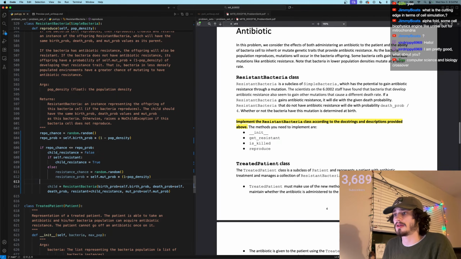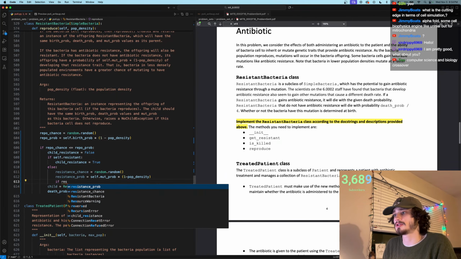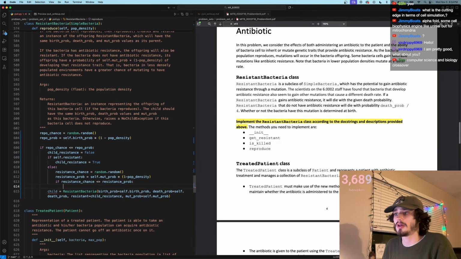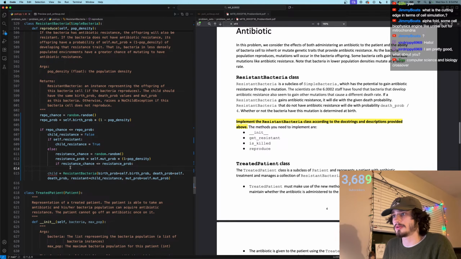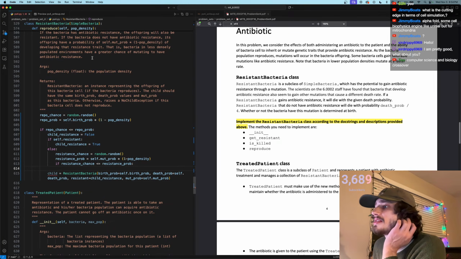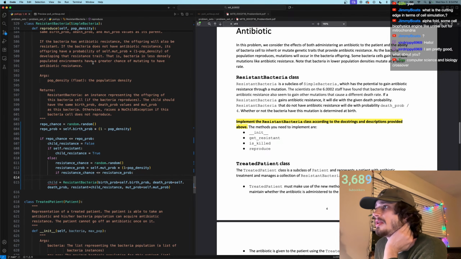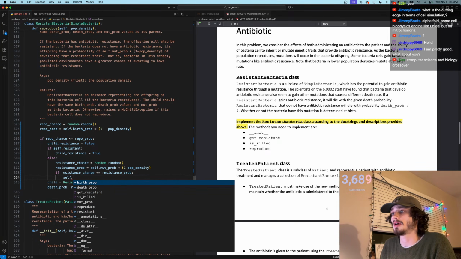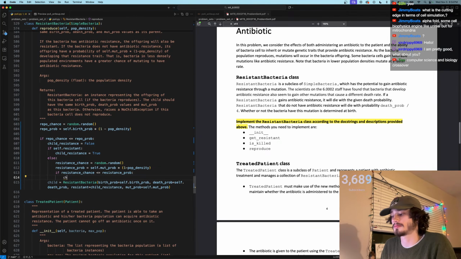And then we're going to say if resistance chance is less than or equal to the resistance probability, meaning that you randomly bred this, even though your parent didn't have it, you randomly did end up getting it, then self dot, or say child resistance is equal to true.